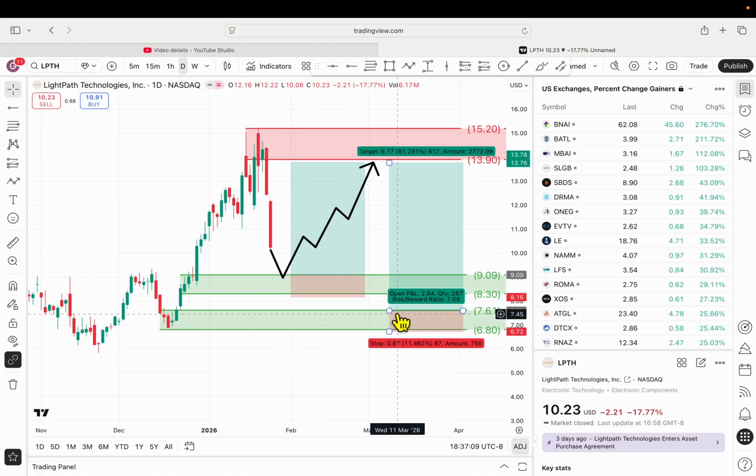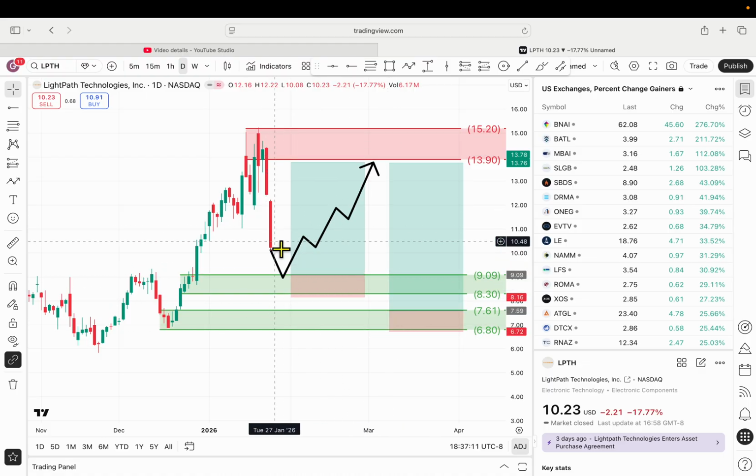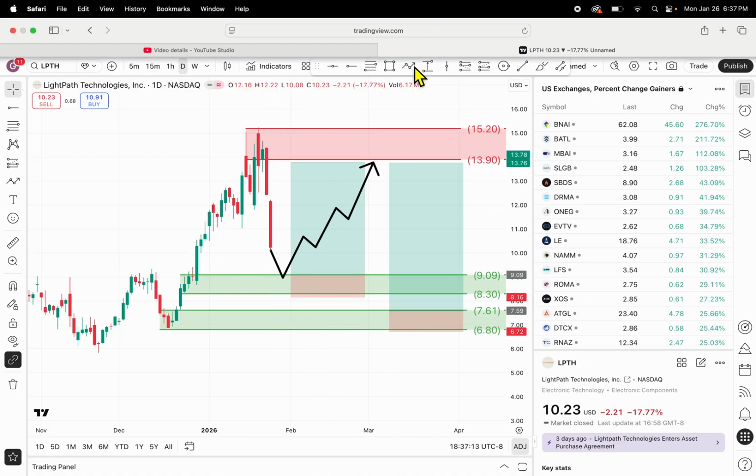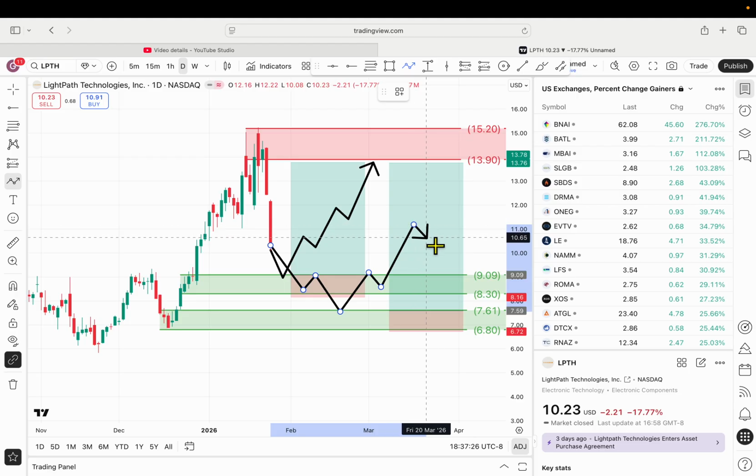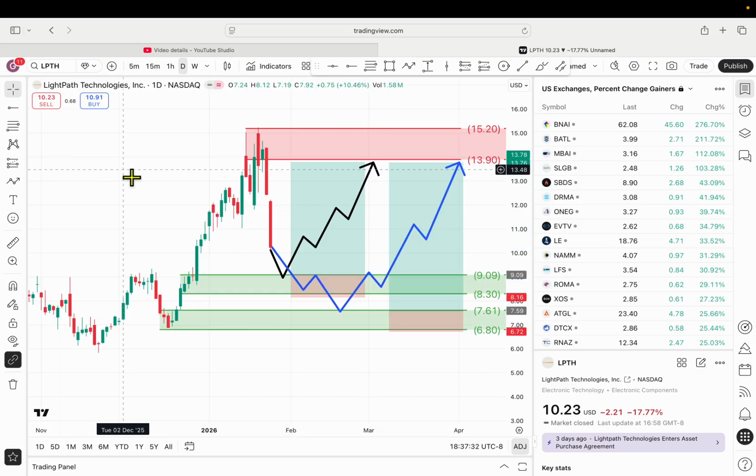And if you wanted to go for the lower support level, I'll draw this one just for fun here. You would ideally want price to do something like this. Okay, so two potential trade setups here to consider in Lightpath Technologies.